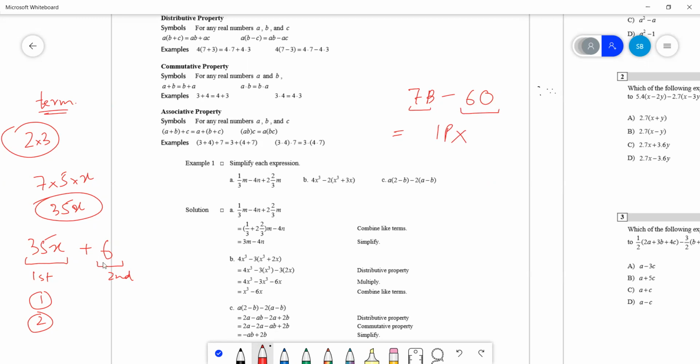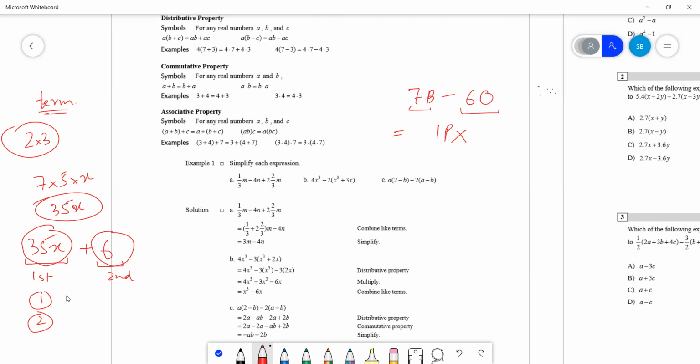In the same way, 35x plus 6, 35x is a different term and 6 is a different term. They're not same. So that's why we cannot combine them. So they will remain as they are, 35x plus 6. We cannot add them. So two things we have to see for checking whether the terms can be combined or not, whether they are different or same.